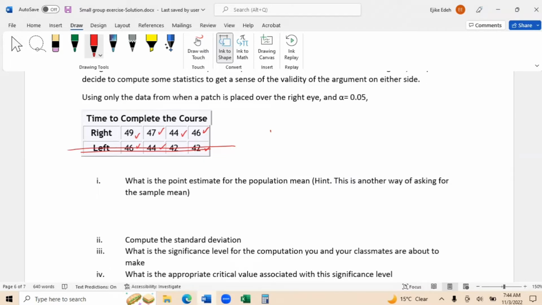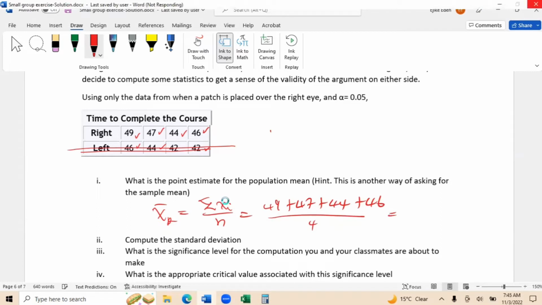So the point estimate will be the mean for these people on the right eye. That will be the sum of all the data as usual divided by how many they are. So here we have 49 plus 47 plus 44 plus 46 divided by 4 because we have 4 data points. And I think we've done this somewhere else. In this question, I don't really expect you to begin to work everything again, right?